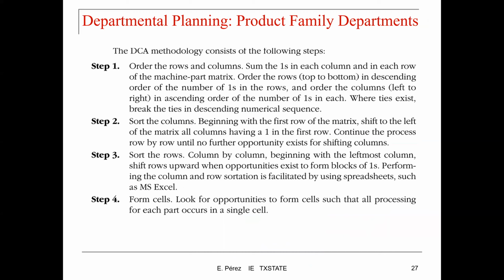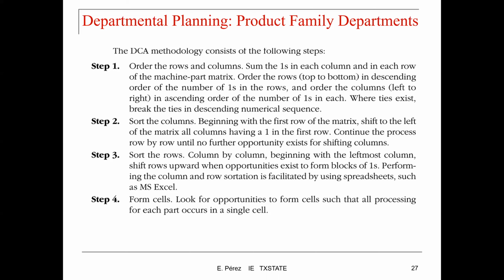Once we have the matrix, we sum the ones in each column and in each row of the machine-part matrix, and then order the rows top to bottom in descending order of the number of ones in the rows. You are also going to order the columns left to right in ascending order of the number of ones in each. Where a tie exists, you break the tie in descending numerical sequence.